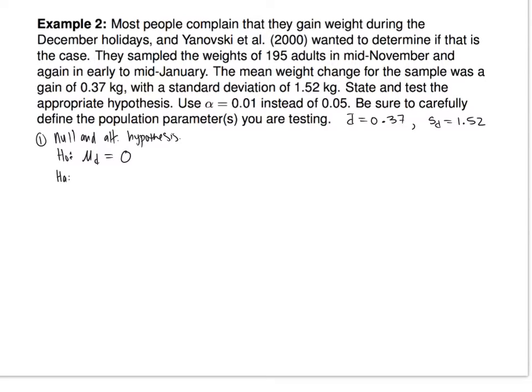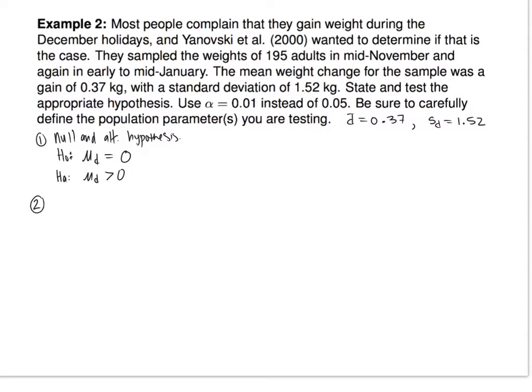Okay, and if we're suspecting weight gain, if they did sort of like January weight minus November weight, and that was gain, that'd be a positive number, right? So mu D is bigger than 0 for the alternative. We're not suspecting that they lose weight, we're suspecting that they gain weight. And of course, this would be different if they reverse the order of their subtraction. Does that also make sense? Okay, so that's step 1.